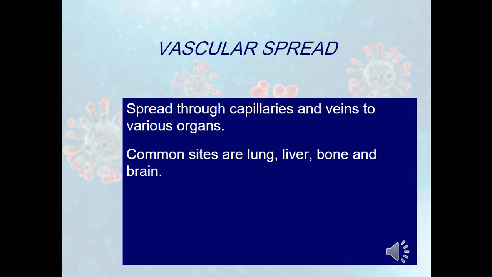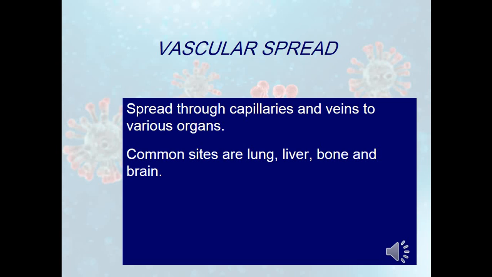Right. Now, the vascular spread or hematogenous spread, this is typical of all sarcomas, but also is the favorite route for certain carcinomas, like those originating in the kidney.